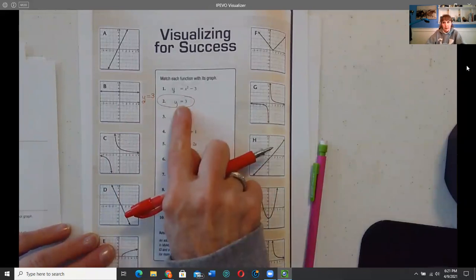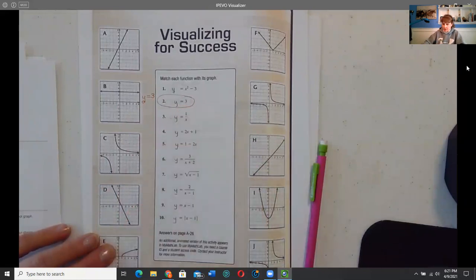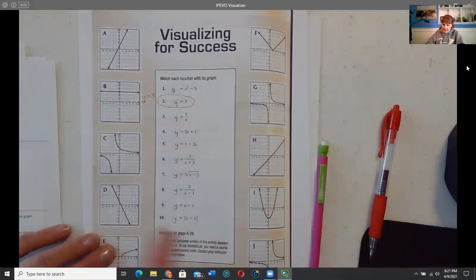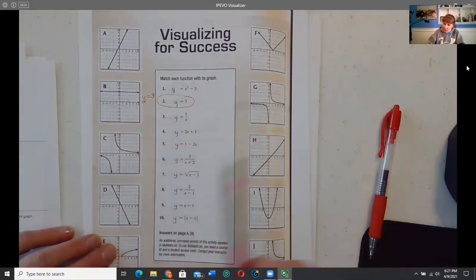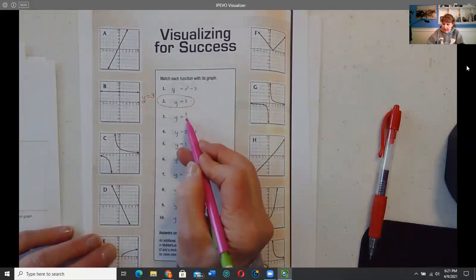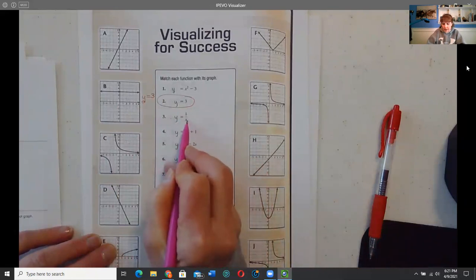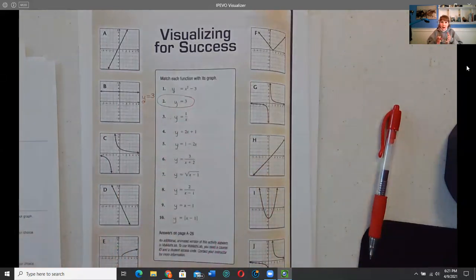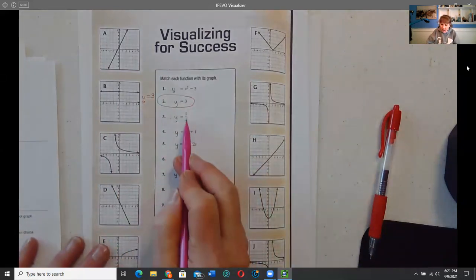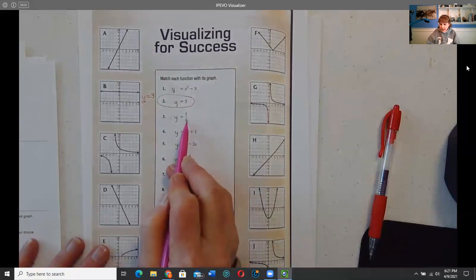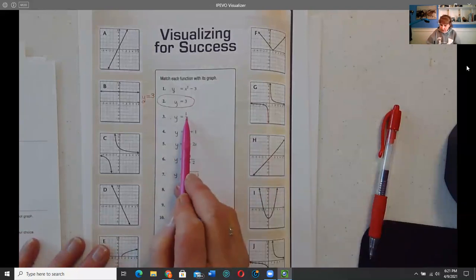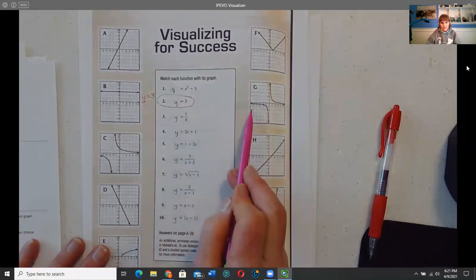We're going to graph a lot of these, and you'll get used to them. Now let's look at number 3. Well, this one right here, we have the x's in the denominator. When the x is in the denominator, it creates a place where you cannot put a 0. So this one right here actually goes to this.